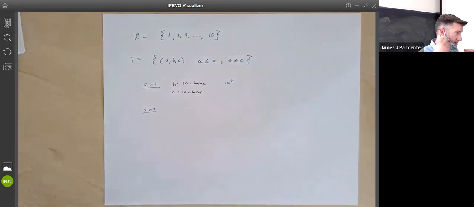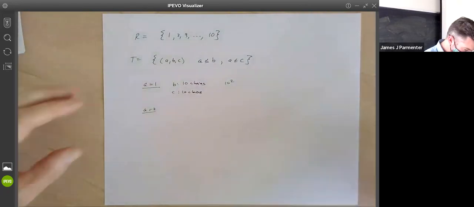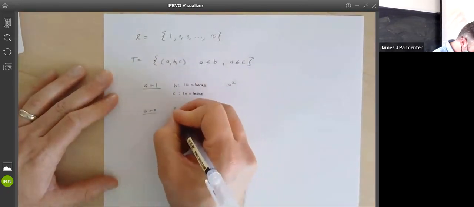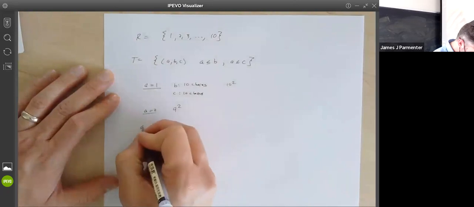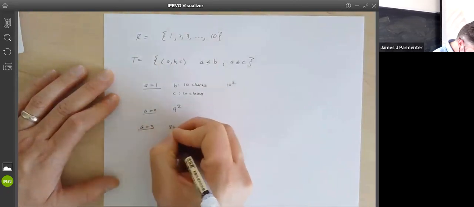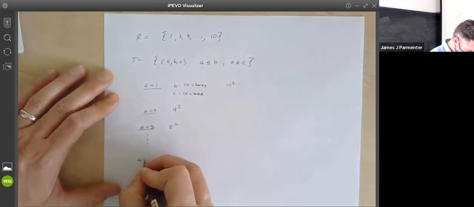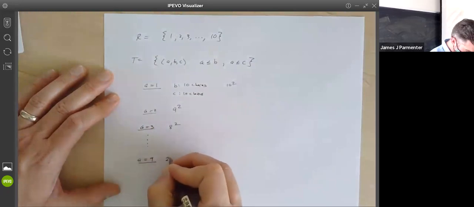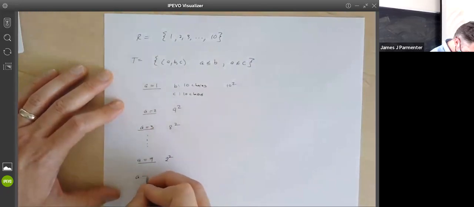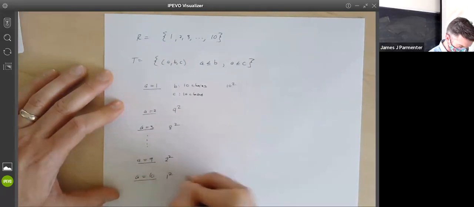Yeah, they both can be any one of the 9 remaining numbers: 2, 3, 4, 5, 6, 7, 8, 9, 10. So when A is 2, we're going to have 9 squared choices. When A is 3, we're going to have 8 squared choices, all the way down to when A is 9, we're going to have 2 squared choices. And when A is 10, we're going to have 1 squared choice.